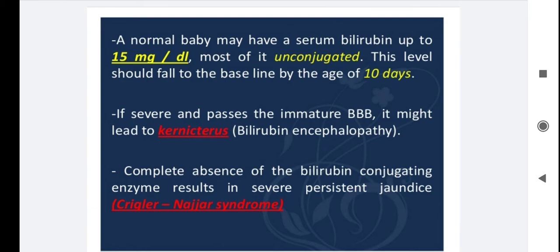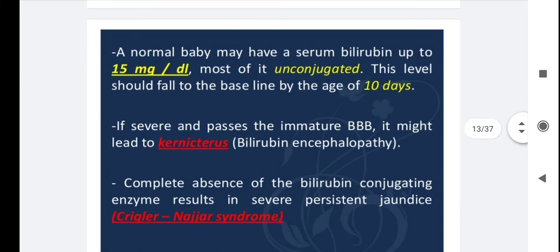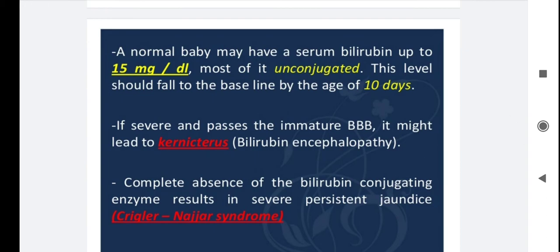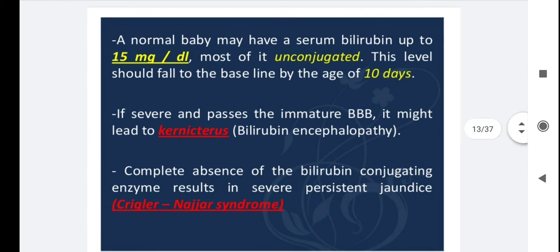Complete absence of the bilirubin conjugation enzyme results in severe persistent jaundice, which is known as Crigler-Najjar syndrome. So regarding bilirubin disorders, physiological bilirubin is not very dangerous, but the danger arises if bilirubin passes the blood-brain barrier and leads to kernicterus, and with deficiency of the conjugating enzyme, which results in Crigler-Najjar syndrome.